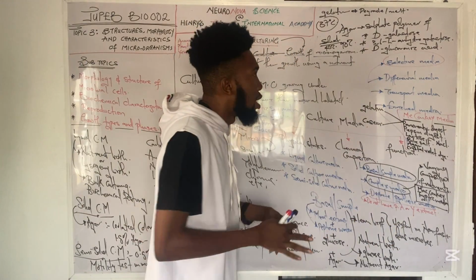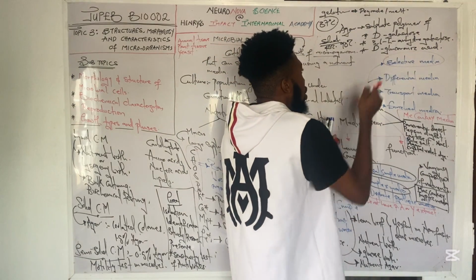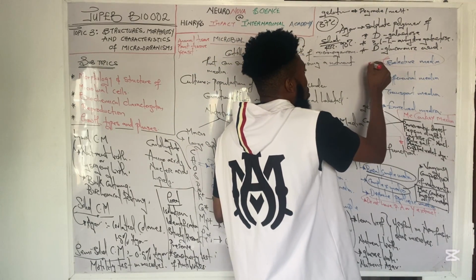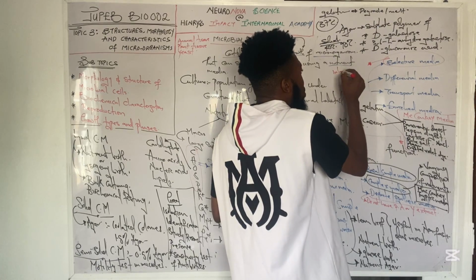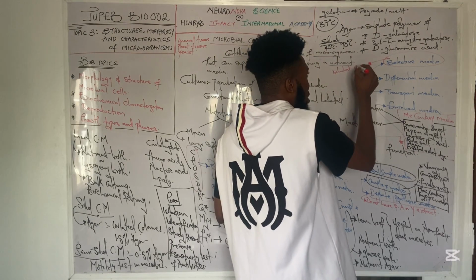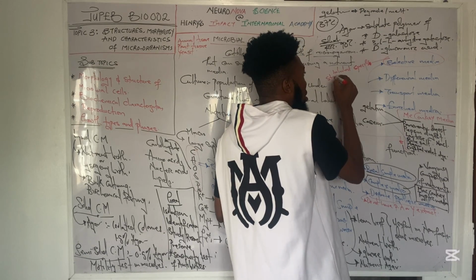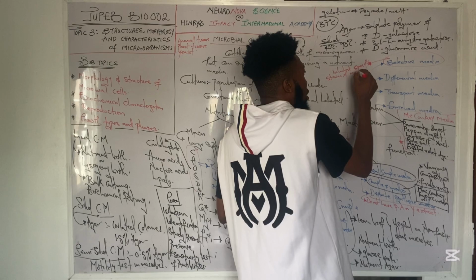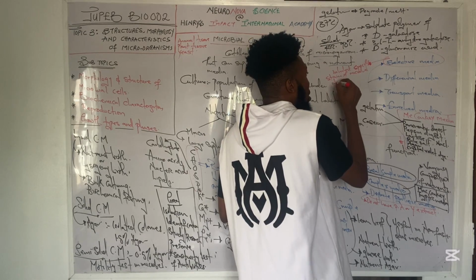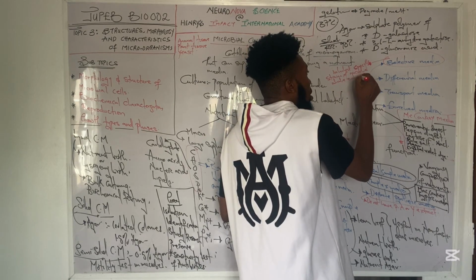That is a selective media. So a selective media is a media whose nutrients can inhibit a specific strain of microbes while enhancing the growth of other microbes.